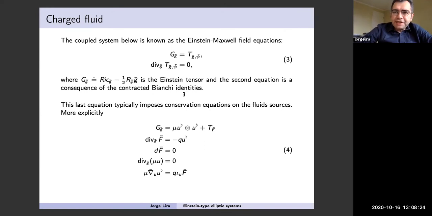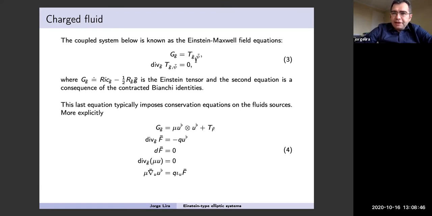So in that case, the Einstein equations is no longer G equal to 0. G is the Einstein tensor, so Ricci minus half times scalar curvature times metric. So G is now something given by that field, which consists of that fluid of charged particles.